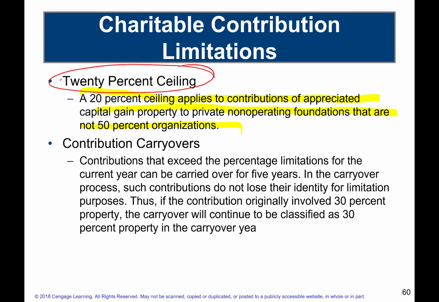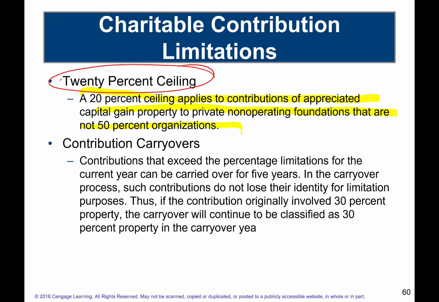So all they're doing here is squeezing the ceiling even tighter for capital gain contributions, instead of it being limited to 30% like it is for the public entities and the private operating foundations. Non-operating, they're going to squeeze them even tighter on the capital contribution and say you can only take 20% of that. So if you kick in to a different type of organization, they'll limit you to the 20%.